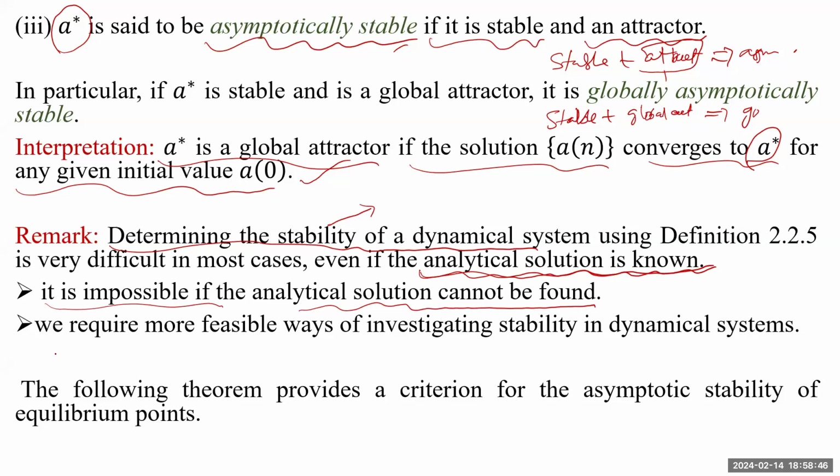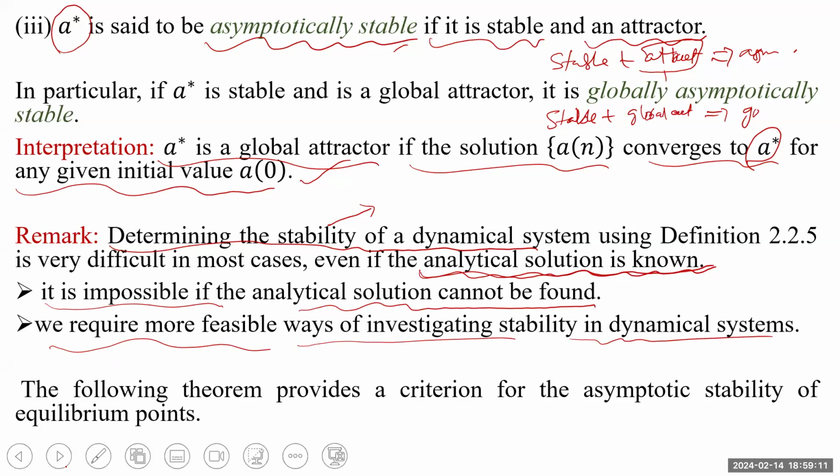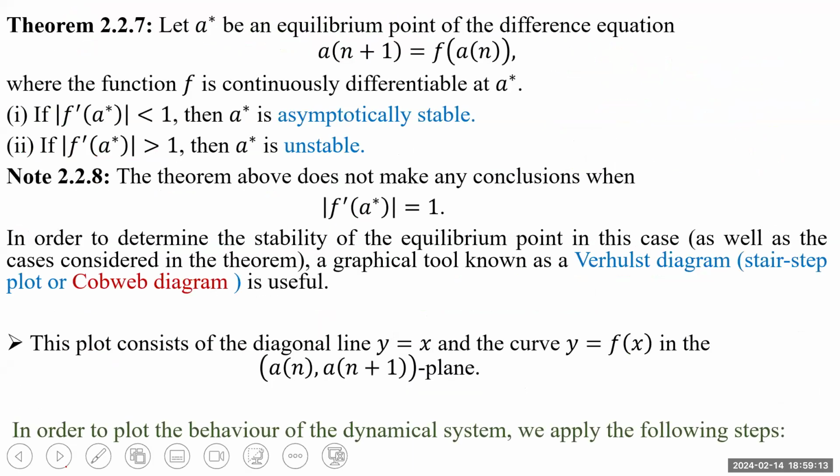So in whatever the case, we require more feasible ways of investigating stability in the dynamical system. But there is one simple theorem, and we can use that theorem for the discussion of stability. What is the theorem? This is my difference equation, and A star is an equilibrium point of the difference equation.